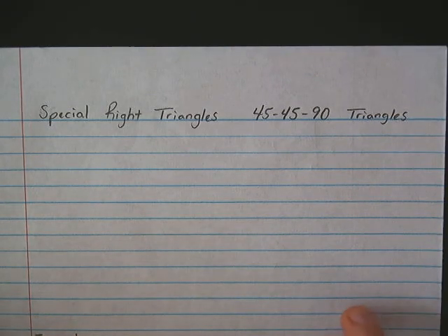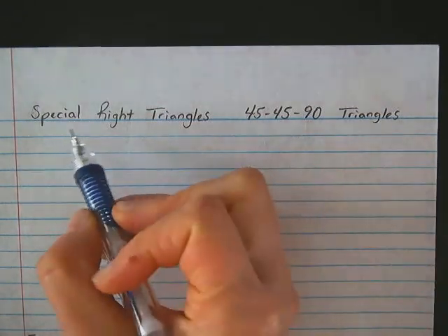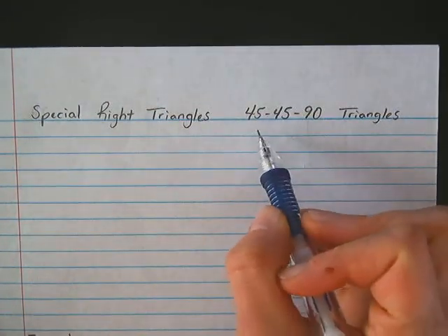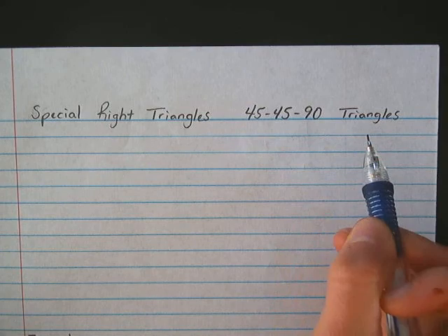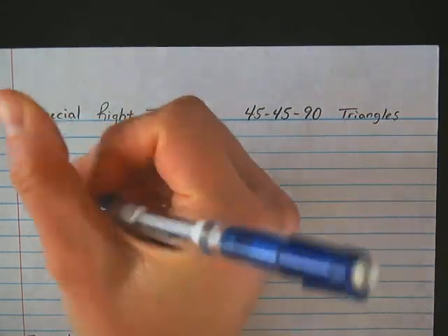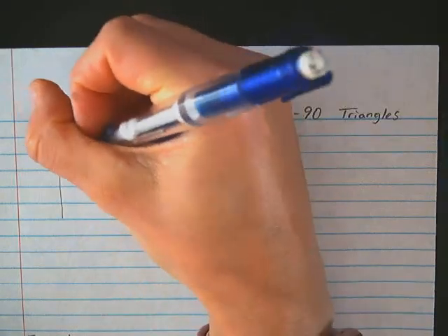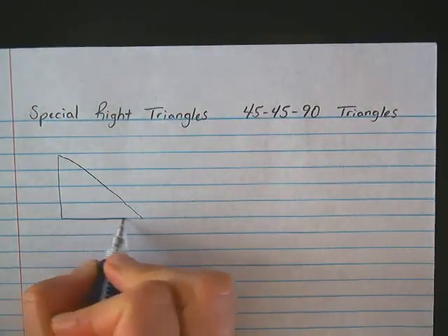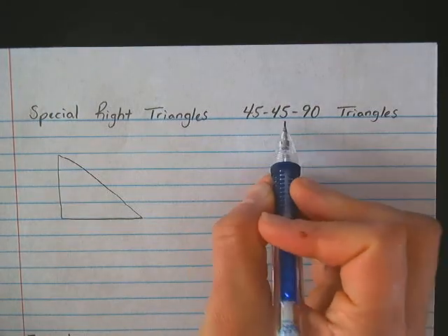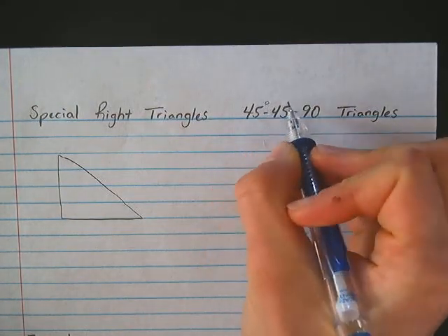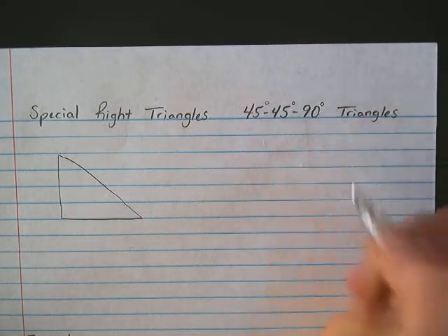So today we will start by learning about the special right triangle that's called a 45-45-90 triangle. And so why is it called a 45-45-90? Well, it's going to be kind of obvious once we talk about it, but these are actually the angles of that triangle.